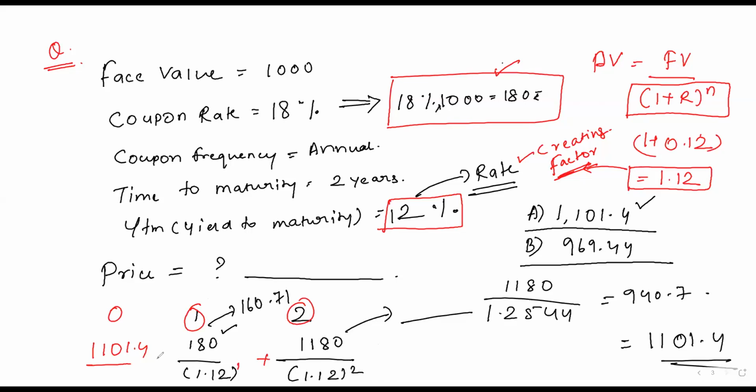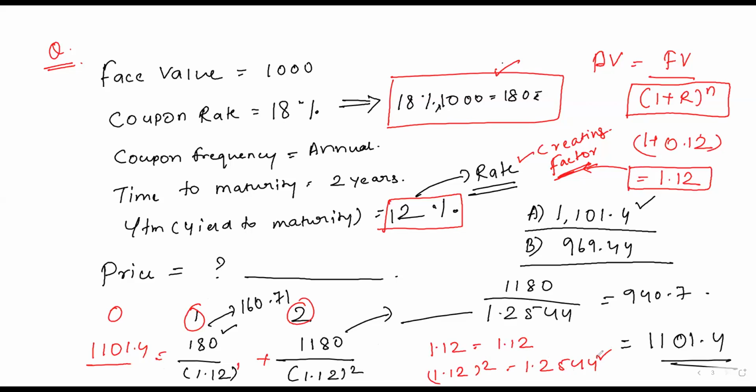Now simply you need to be good with using the calculator. First, compute what is 1.12 to the power 1. It would be 1.12 only. Then compute 1.12 to the power 2. You would get 1.2544. How many of you are not getting 1.2544? Please raise your hands.